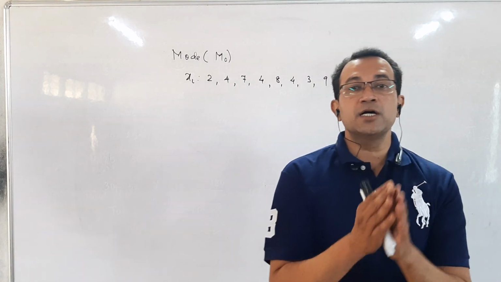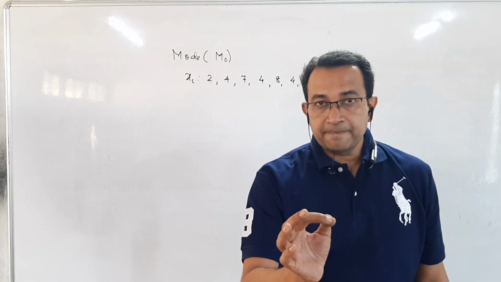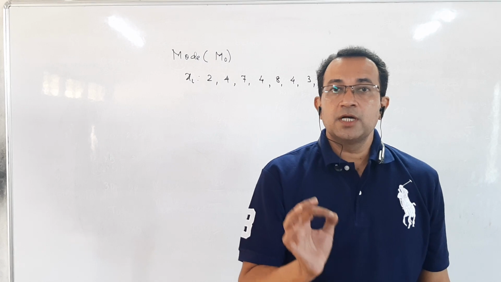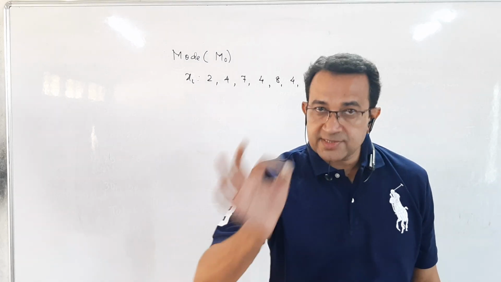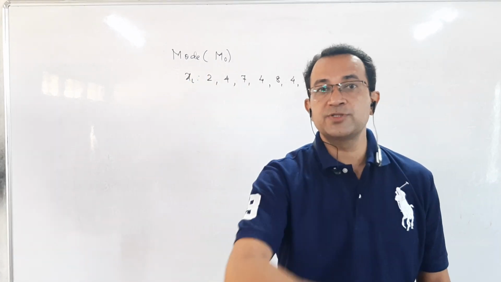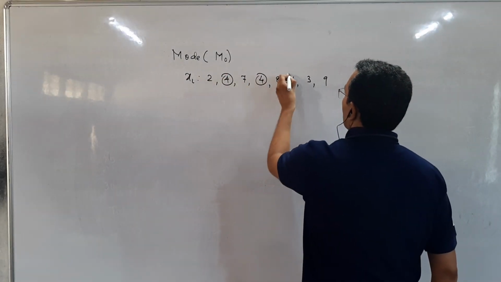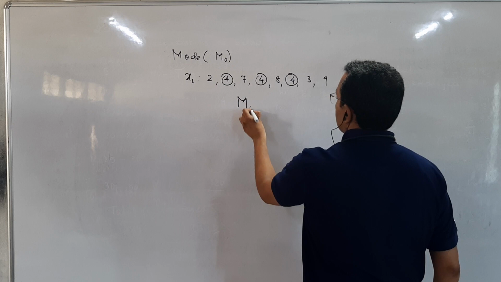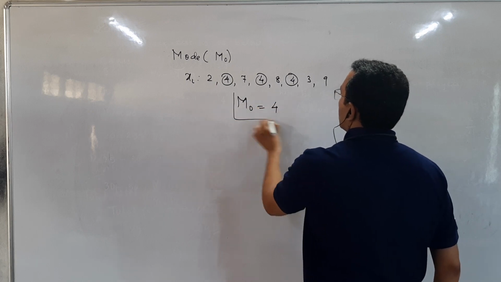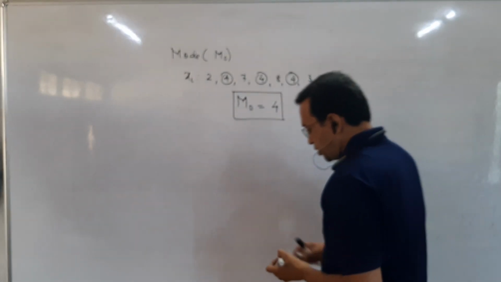So in simple terms, the observation which is repeated the maximum number of times will be the mode. So here 4 is repeated 3 times, so the mode of the given data, which is M0, is equal to 4.